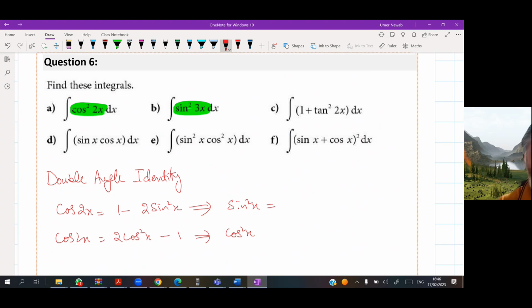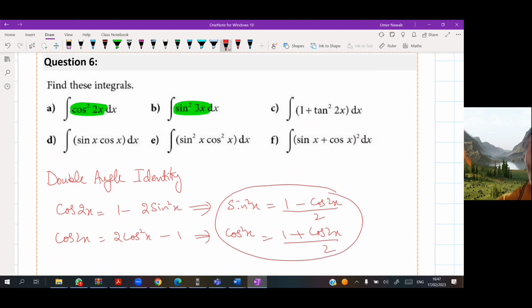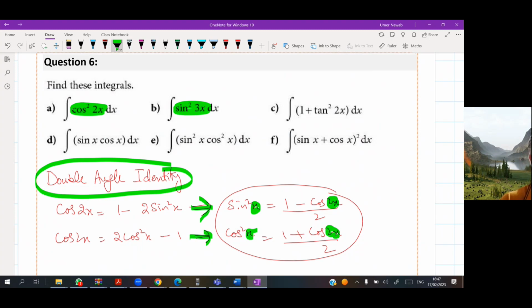So check it out, it is equal to 1 minus cosine of 2x divided by 2, and this is equal to 1 plus cosine of 2x divided by 2. So these results are called half angle identities. If you have x here, you get 2x, and these results are extracted from the basic double angle identities.